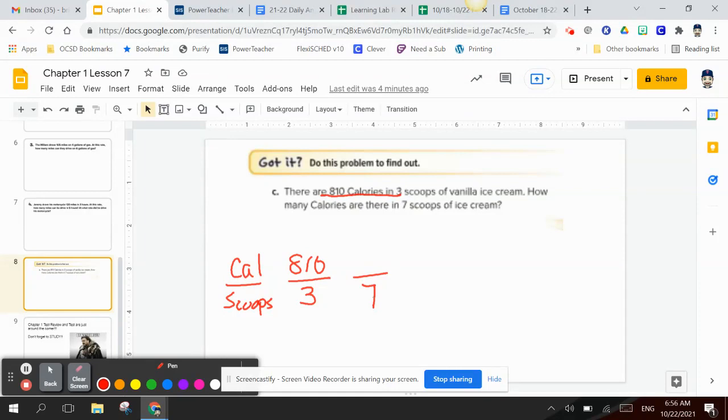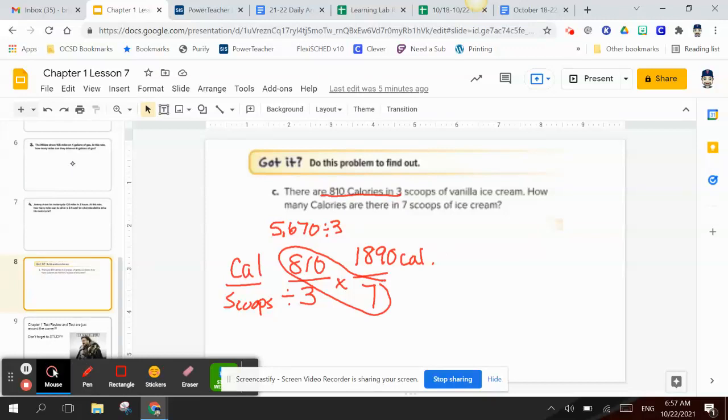So I'm going to take 810 times 7. And when I do that, I get 5,670. And to find out how many calories, I have to divide by 3. So I take that number and I divide by 3. And I get 1,890 calories. That is almost your total amount of calories for one day, just in ice cream. That would be awesome.